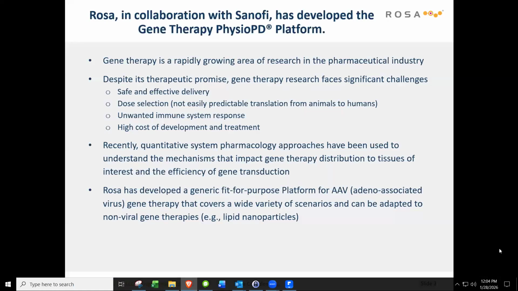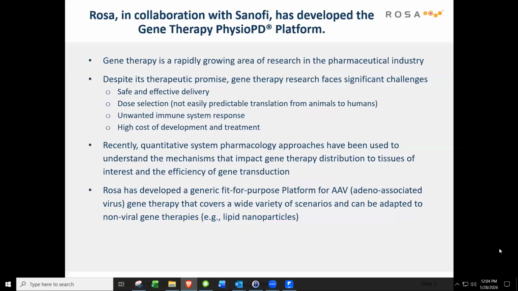Recently, quantitative system pharmacology approaches, or QSP, have been used that impact gene therapy and the efficiency of gene transduction. Now, because of that, Rosa has developed a generic fit-for-purpose platform for AAV, that stands for adeno-associated virus.